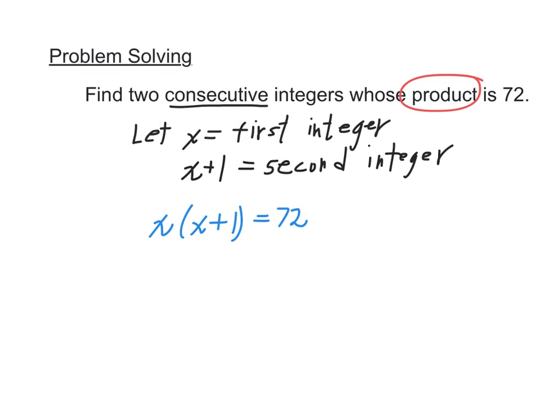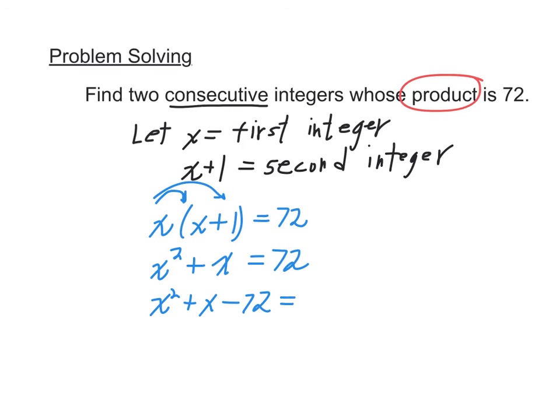That only works for the zero product property. So we're going to have to do a lot of rearranging and some distributing to get things on the correct side. The first thing I'm going to do is multiply through by x. And then I'm going to subtract 72 from both sides. Now I have that 0 on the right.